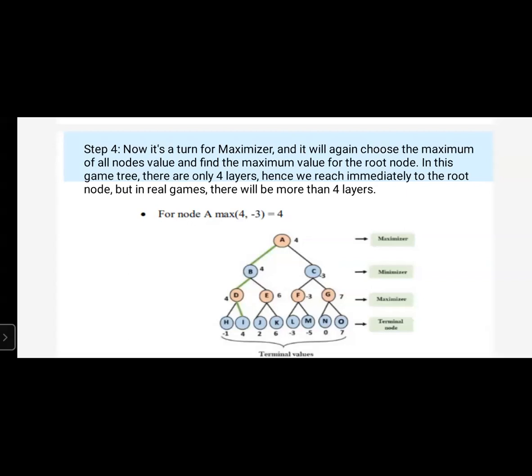See this path: A to B, B to D, D to I. For node A, max of 4 comma minus 3.